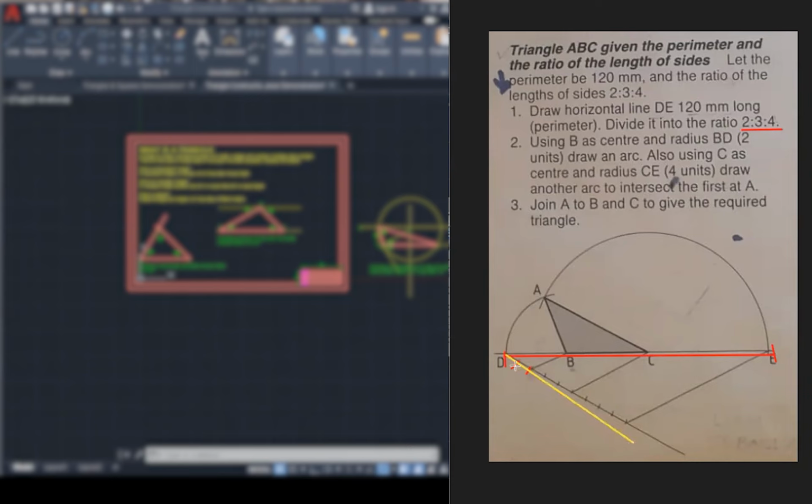Then you create a distance between your first point and your second point, hold that distance, and make 9 equal distances along this line. So that would be 1, 2, 3, 4, 5, 6, 7, 8, 9.